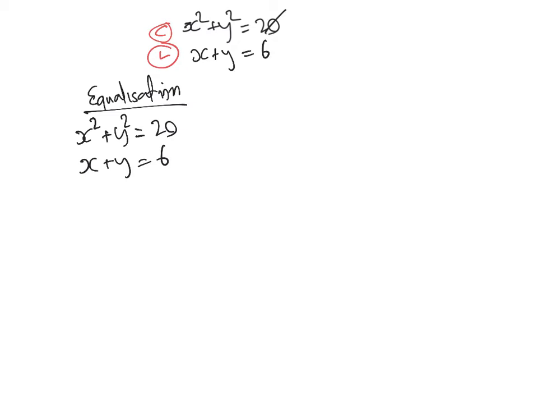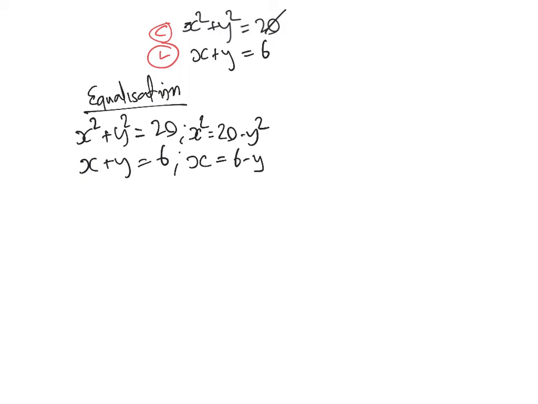So we can quite easily sort this out. Okay, so first thing, we can say x squared equals 20 minus y squared, and here we can say x equals 6 minus y. Now, we've got one variable on one side, one variable on the other side, but the x on the left-hand side isn't equalized, is it?